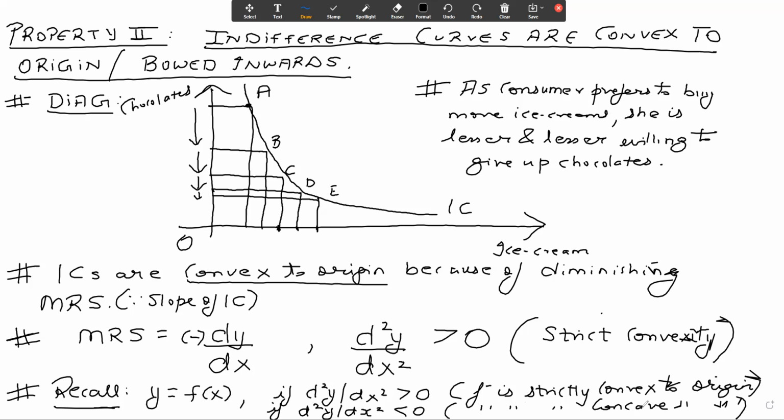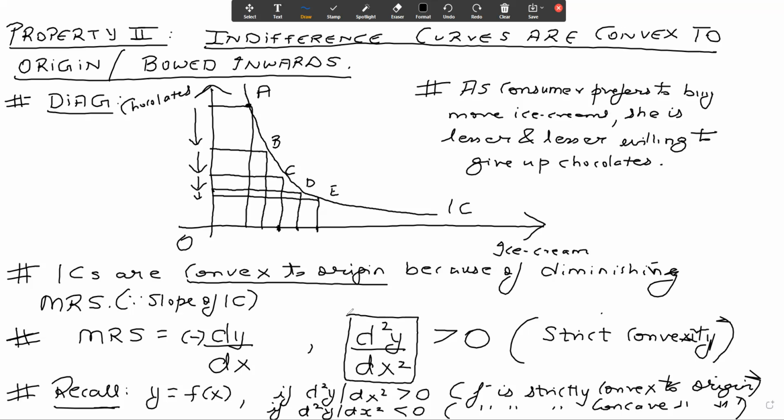So clearly in this case, if you work out the double derivative d square y by dx square, you will observe it is strictly greater than 0. Hence your indifference curves are convex. Students should be able to understand this logically, diagrammatically, and mathematically. Diagrammatically, you can clearly see the picture.